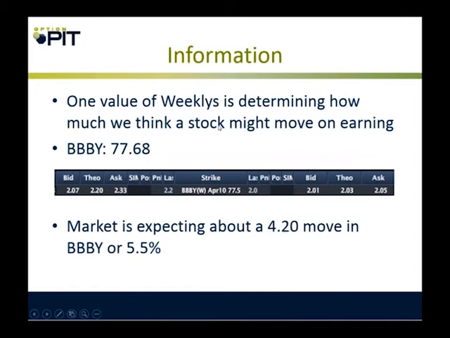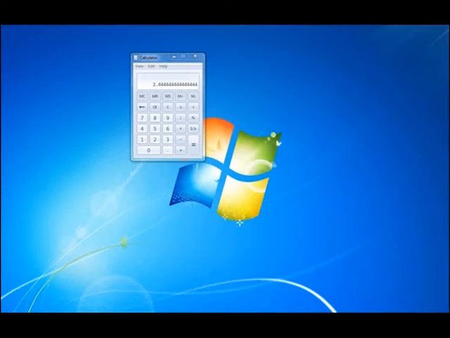All right, one value of weeklies is determining how much we think a stock might move on earnings. All right, Best Buy is trading $77.68. The market is expecting a move of about $4.20. So, weeklies are great.